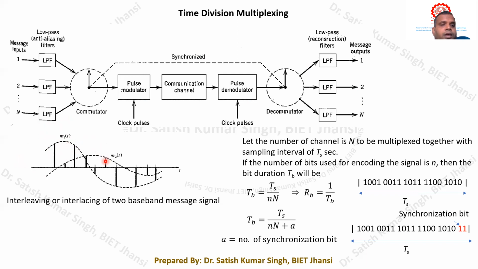Between two consecutive samples, the first sample of m1(t) is taken at this particular point, and then the next sample is taken after Ts seconds, at this point.